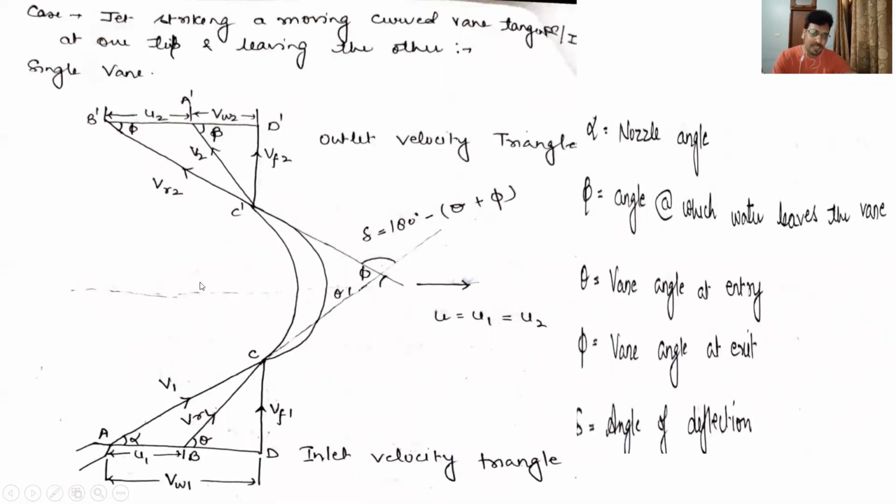It means if the jet is moving in this direction, all angles will be taken from this direction. So we can see that we have taken alpha, theta, phi, beta with respect to this direction.